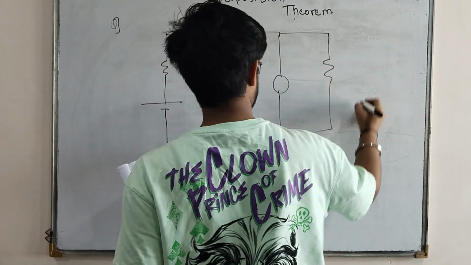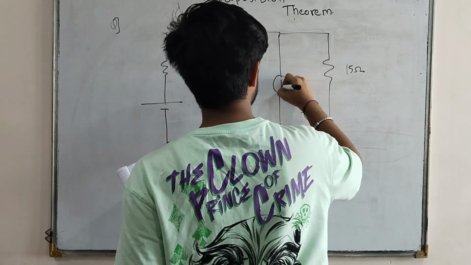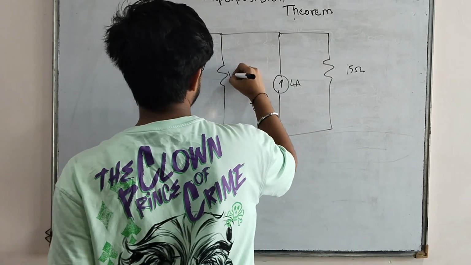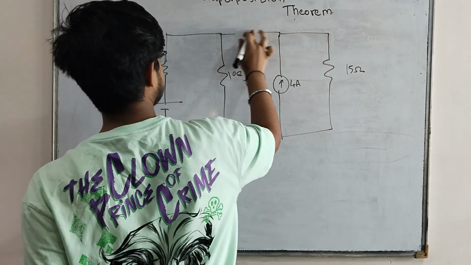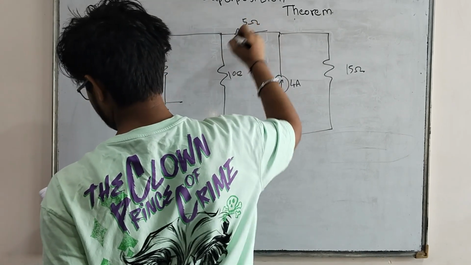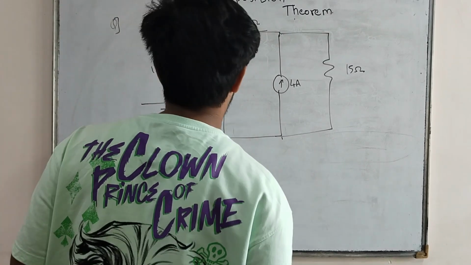Okay, so this is my diagram. This is 15 ohm. This is 4 ampere. This is my 10 ohm, 1 ohm. There is one more resistance here also, which is of 5 ohm, and this is 2 volt voltage supply.